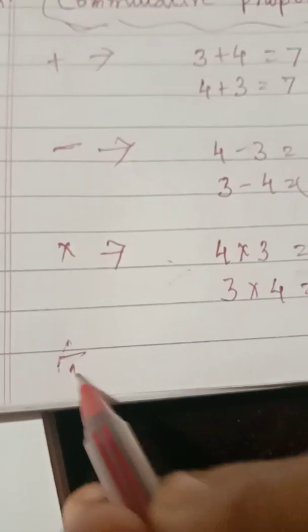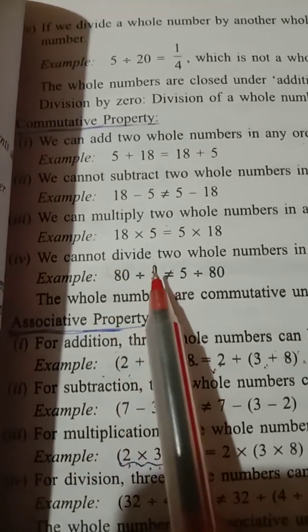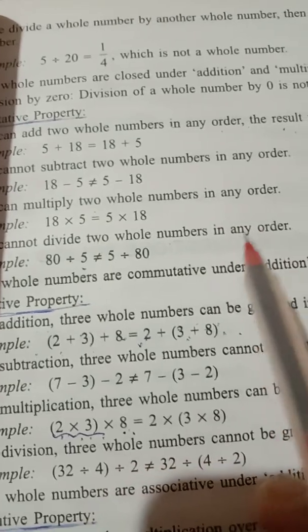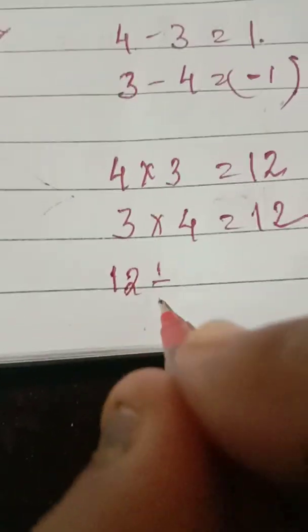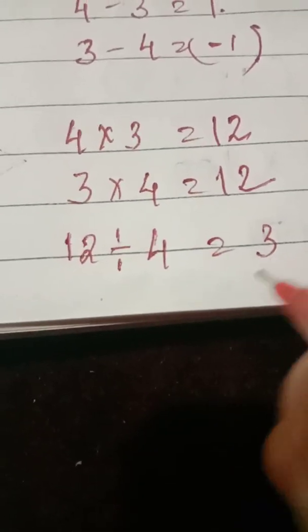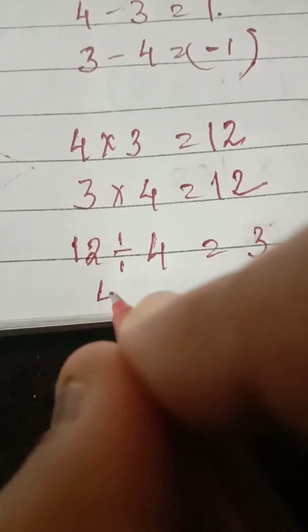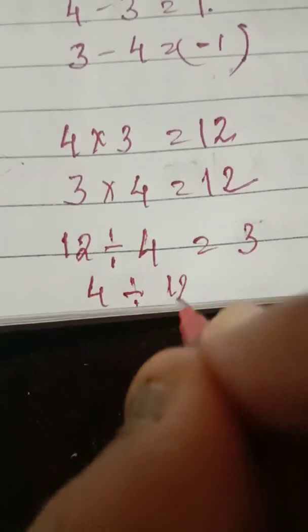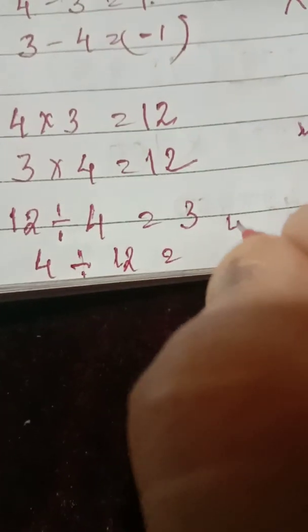Now in case of division, we cannot divide two whole numbers in any order. कोई भी order पे हम इसको divide नहीं कर सकते हैं. Suppose I divide 12 by 4, I will get 3. This time it is applicable. But if I do 4 divided by 12, I will get 4 upon 12, that is 1 upon 3.